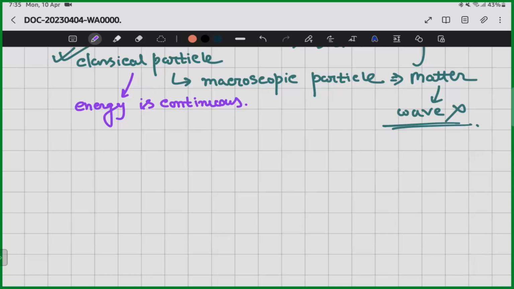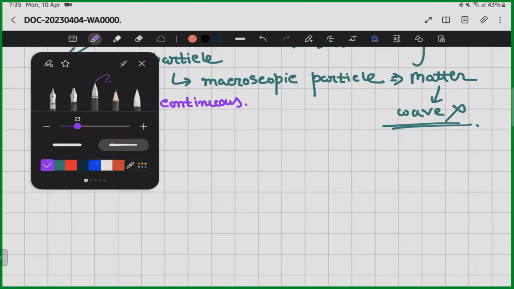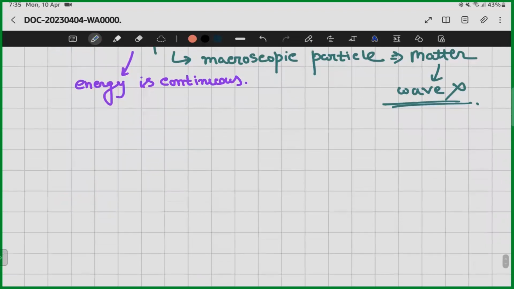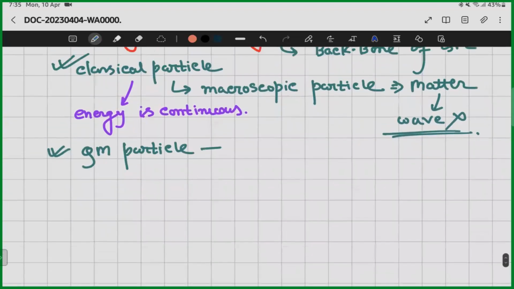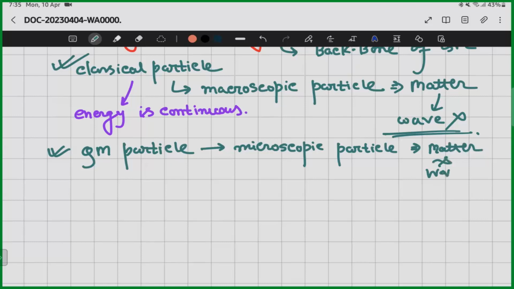But what is a quantum mechanical particle? If we classify them, these are basically microscopic particles. Due to their microscopic nature, they have both matter and wave nature, and the wave nature is very much prominent.